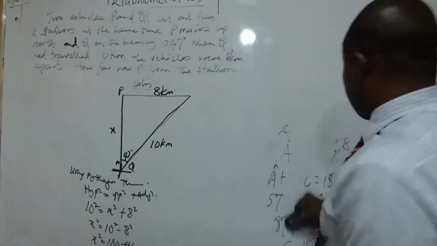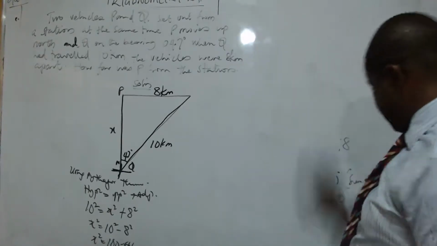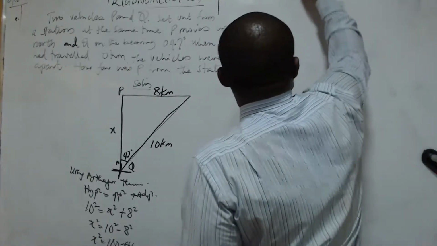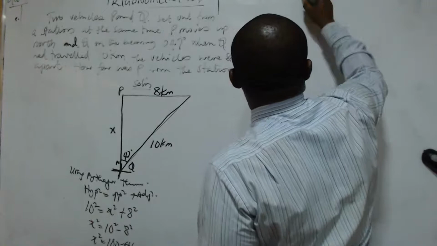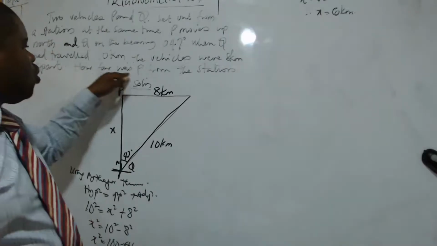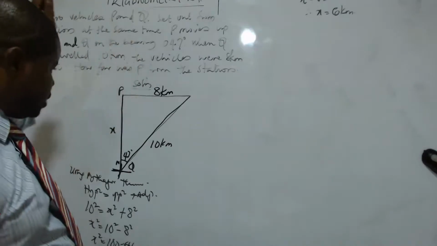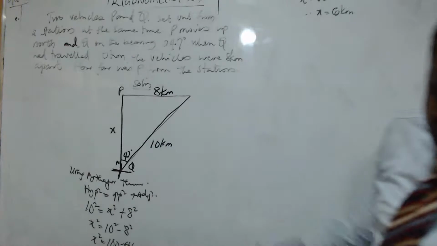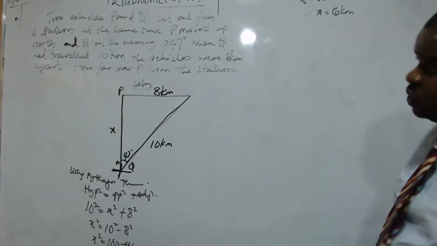So x squared will give us 36. So x is root 36. Therefore, our x was P from the station. How far was P from the station?